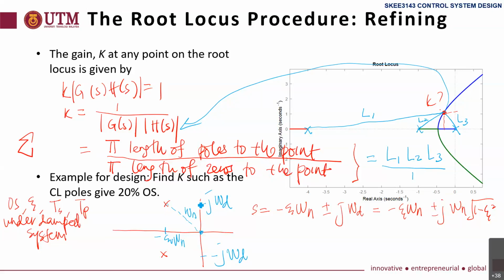And theta here, if we take the angle, zeta is cos theta. When we take cos, we get zeta, the damping ratio. If we know theta, the angle, then we can calculate zeta.